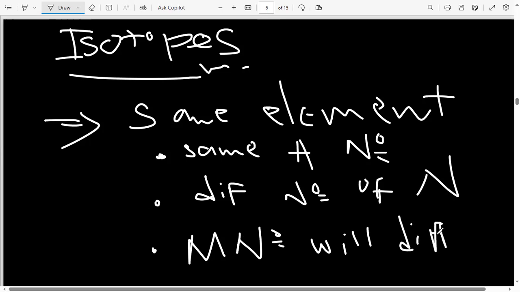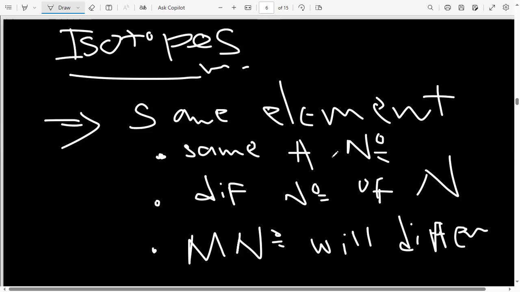So atoms of the same element that have the same proton number but different numbers of neutrons, and due to that they are going to have different mass numbers. Those are isotopes.